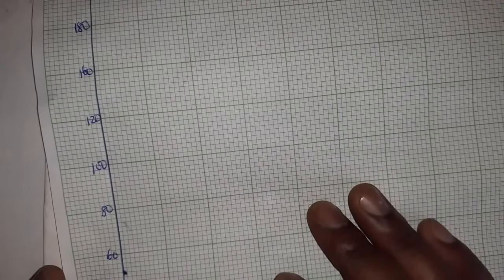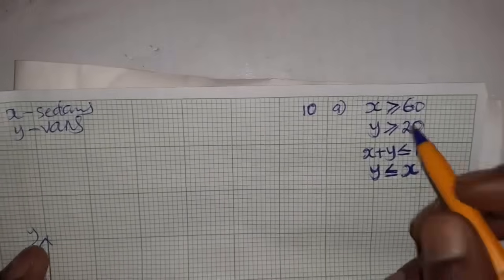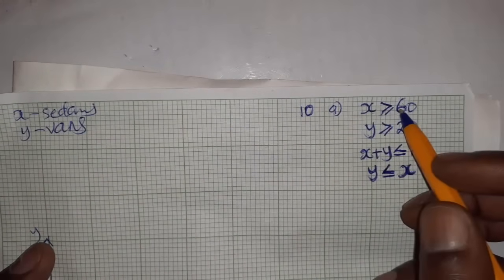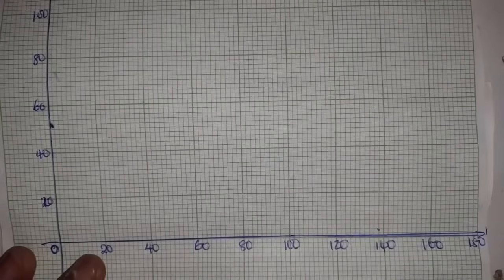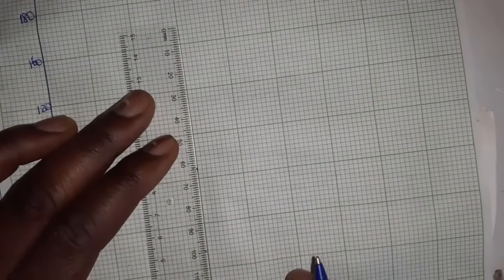All right, so take note of the inequalities here. So we have the first one, which is x is greater than or equal to 60. Where do we have that? Here. So what we're going to do, we draw a straight line here.